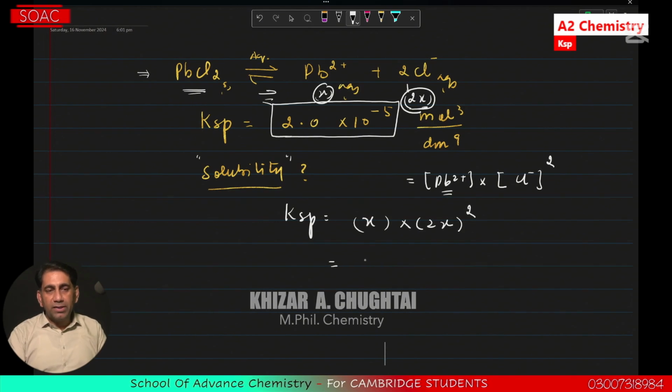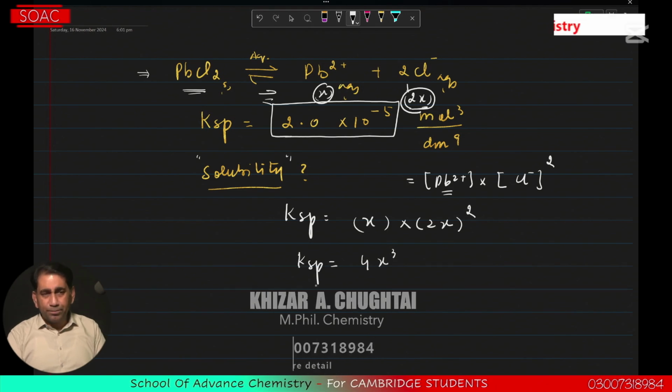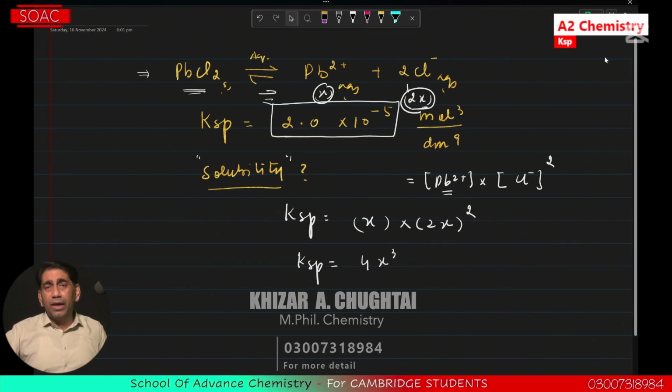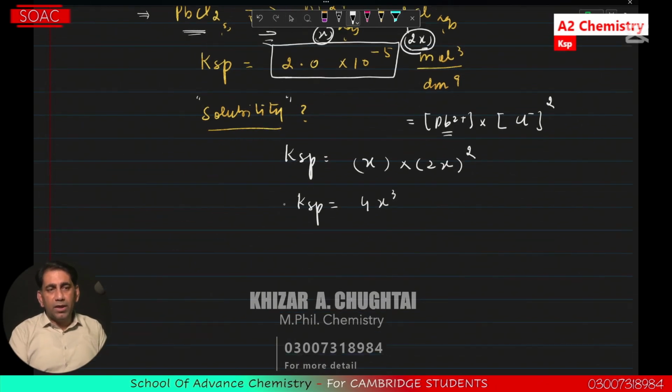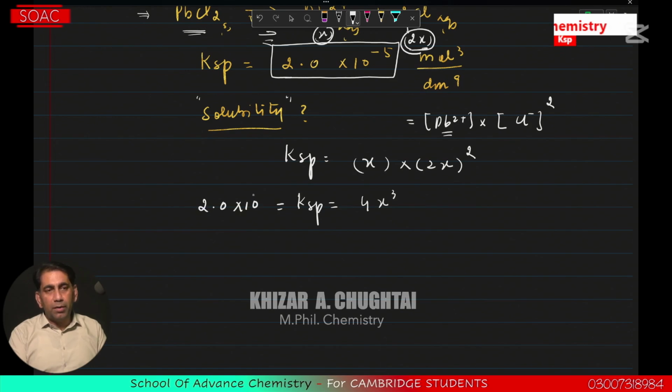So in terms of X, it is 4X cube, and that is equal to KSP. What is the value of KSP? It is 2.0 × 10^-5. So 4X cube is equal to this value.